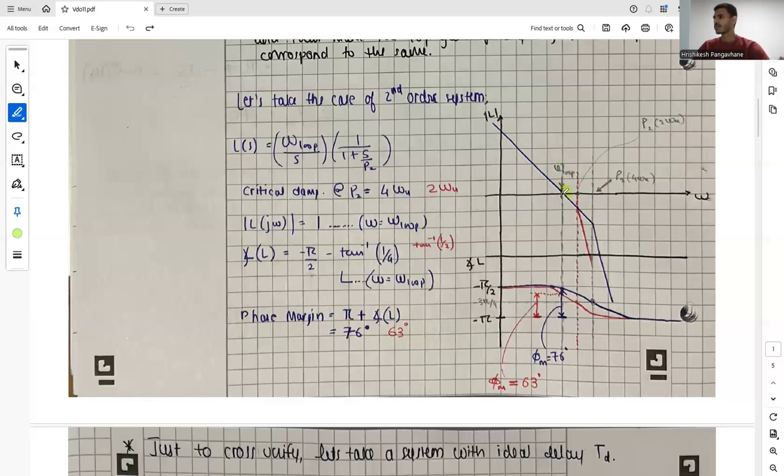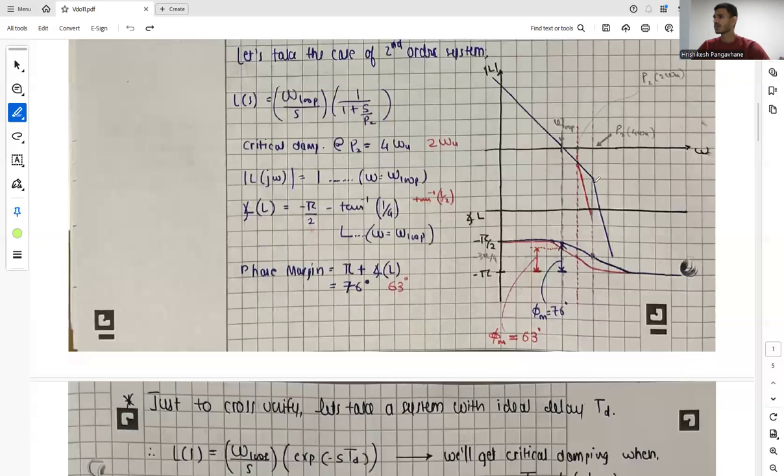Past this point, we will have our first pole at P2, where omega is 4 times omega u. At this point, we see a change from minus 20 dB per decade to minus 40 dB per decade, and this is due to the pole occurring at P2.